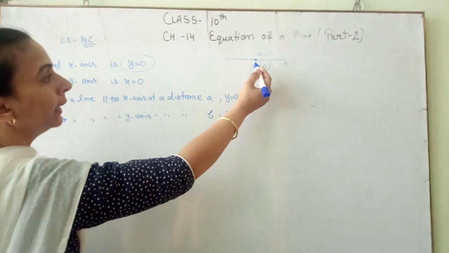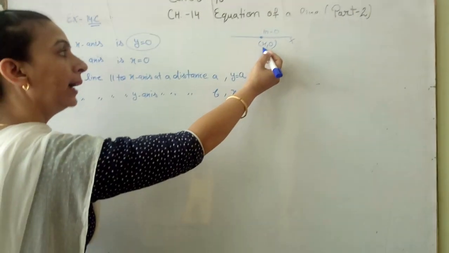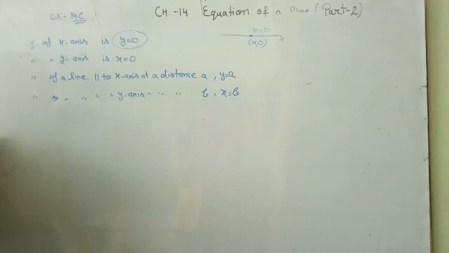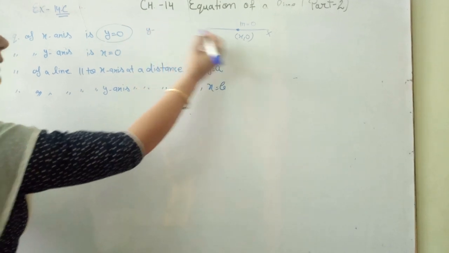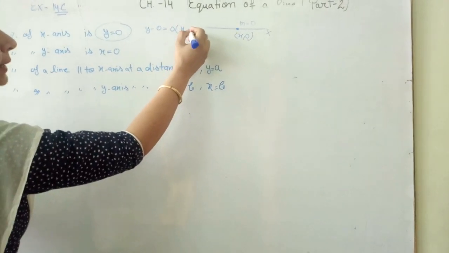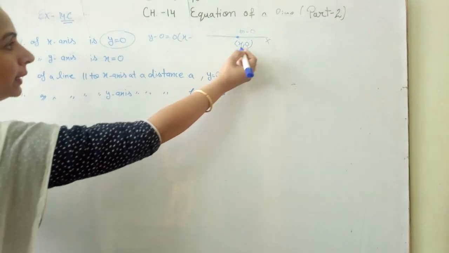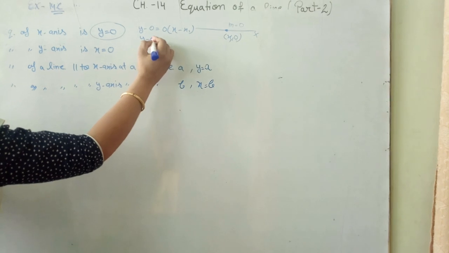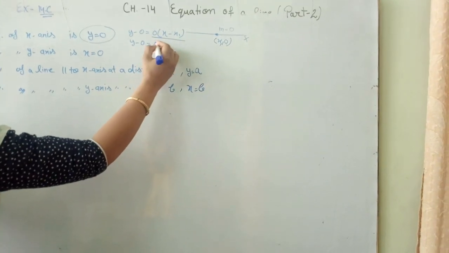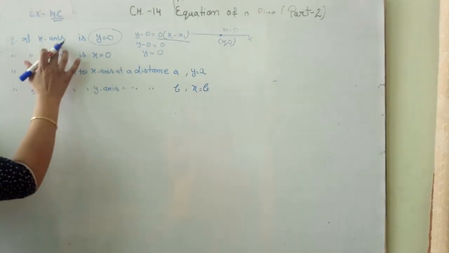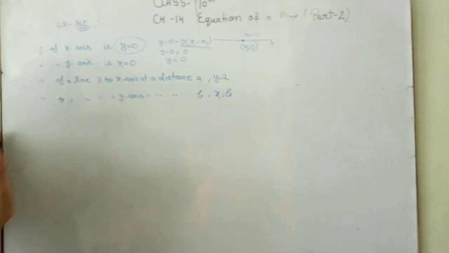So for a line whose slope is 0 and passing through the point, we use the point-slope form: y minus y1 equal to slope times (x minus x1). Then y minus 0 equal to 0, y equal to 0. So the equation of x-axis is y equal to 0.